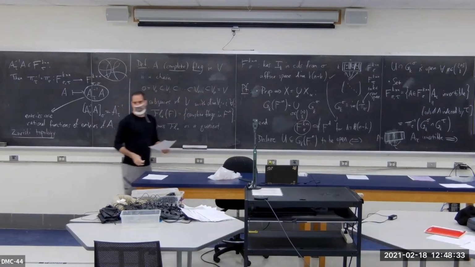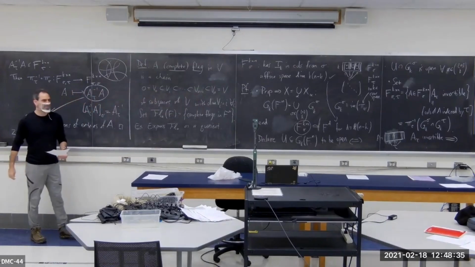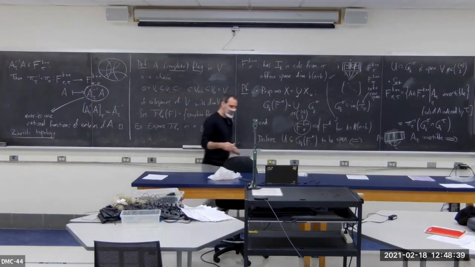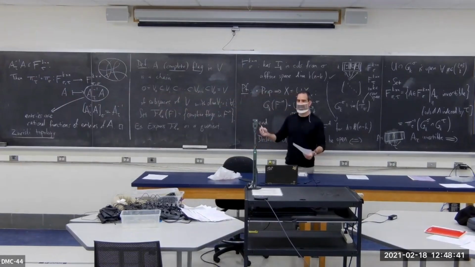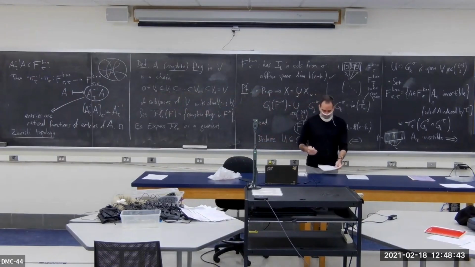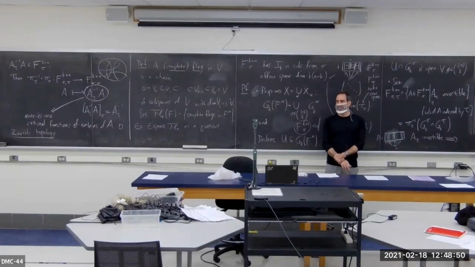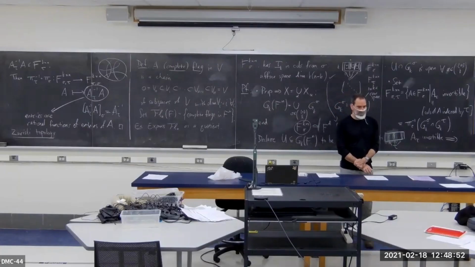Remember what we did with the Grassmannian? We said that every subspace of dimension k is represented by a k by n matrix of rank k. But when you do that, you get subspaces lots of times, right? Because there's more than one k by n matrix that works.